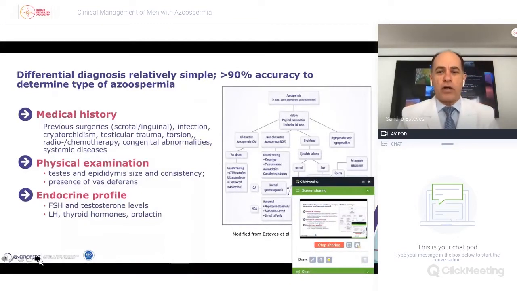One thing that is very important for you to understand is that we need to make the differential diagnosis between the types of azoospermia conditions I just presented in the previous slide. If you take the medical history, the physical examination, and endocrine profile, you will be able to identify the type of azoospermia in approximately 90% of cases.